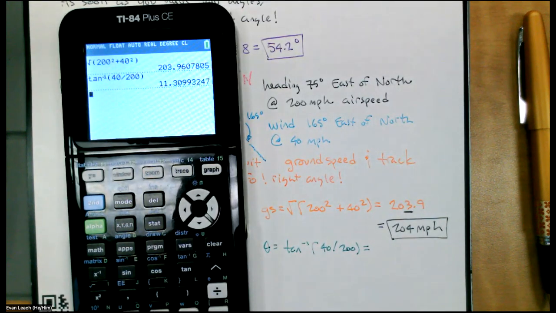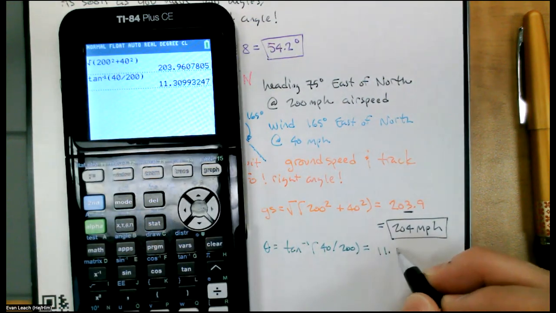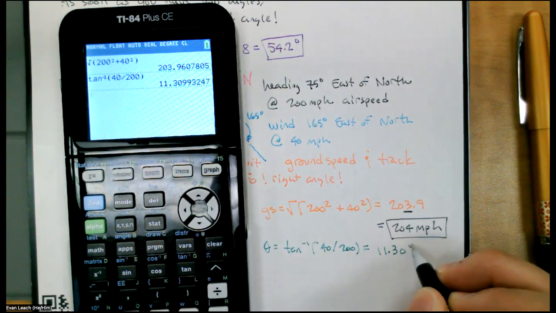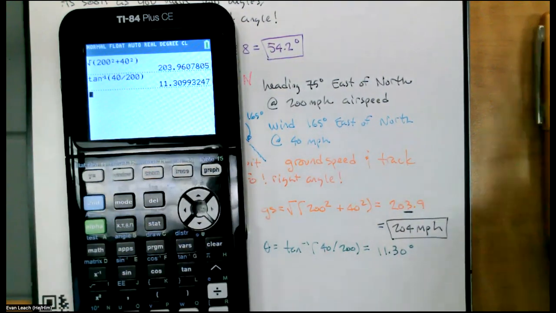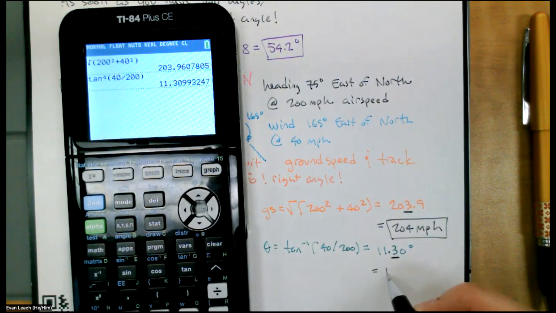So it's going to be 11.3 degrees. And this one, I think it said round to the nearest tenth of a degree. So we're going to round that to 11.3 degrees.